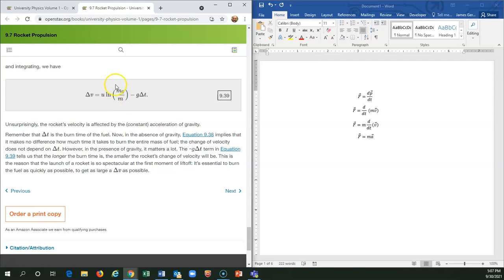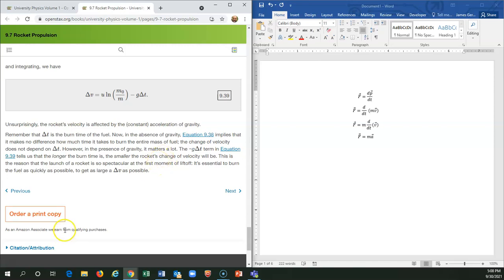And so the log of the mass ratio times the exhaust velocity gives you a change in velocity outside of a gravitational field. But there's a gravitational field working against you, i.e. if you're trying to lift off from the Earth, then this term also applies, minus g delta t. And so the total change in velocity is a combination of what's going on with the mass and the exhaust velocity, and then subtracting out what gravity does to work against you.